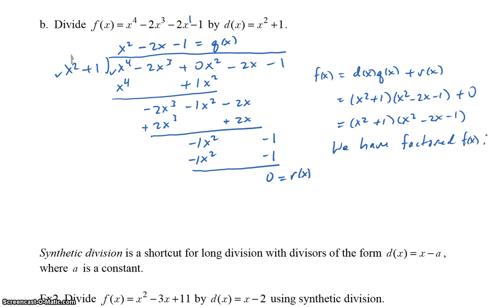I mention this to you now because this is something that we'll see as we continue through the chapter. So the process of polynomial division is intimately linked with the process of factoring polynomials. And factoring polynomials is intimately linked with solving polynomial equations.